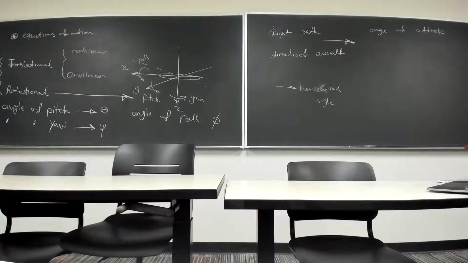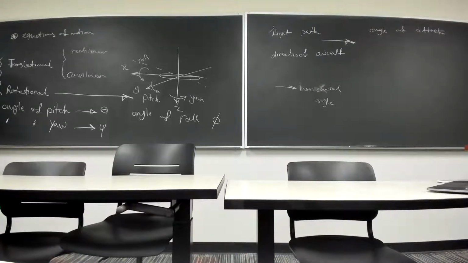Okay, these are two different things, right? The angles of pitch, yaw, and roll are present when you have a rotational movement, right? But the angle of attack and the other angle we are going to talk about are the angle between your flight path and the line that passes through your aircraft.